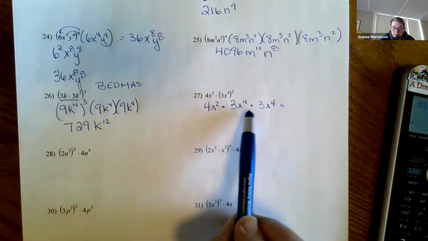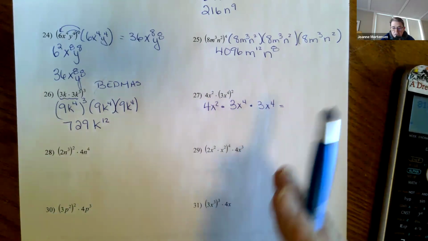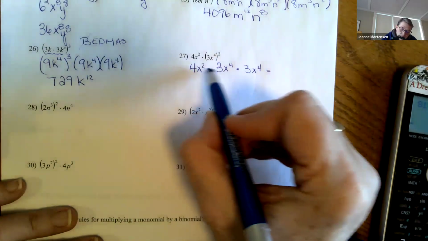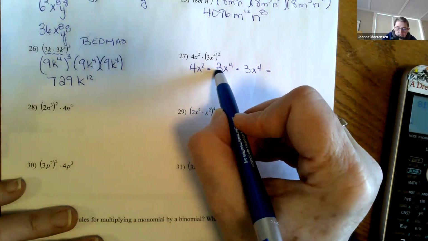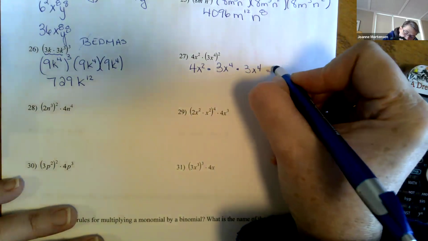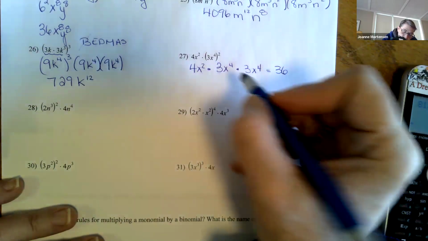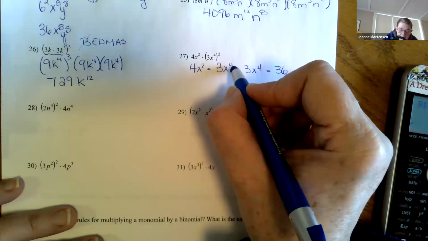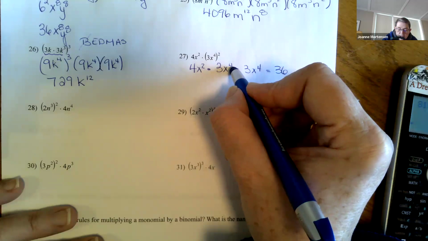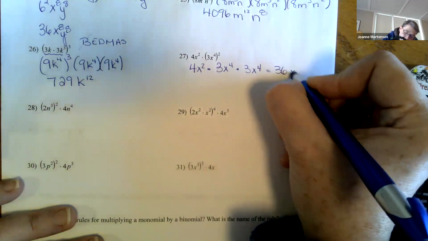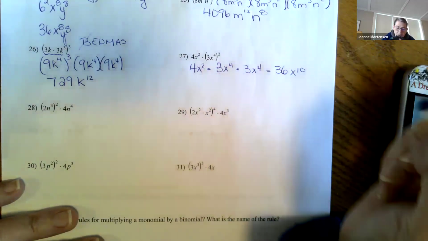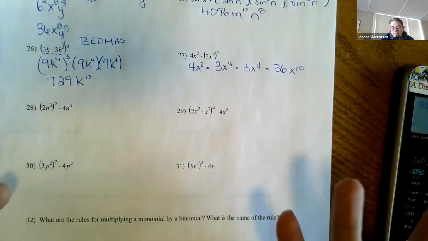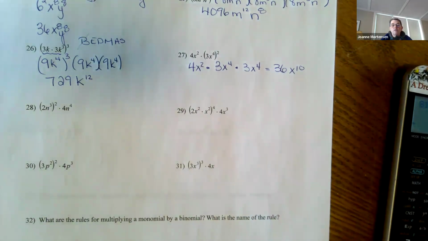But since there's a dot there, I'll use a dot there. It doesn't mean anything. 3 times 4 is 12. And 3 more is 36. And then I've got x squared plus x to the fourth is 6. And 4 more is x to the 10. And there we go. So that's converting it over to multiplication.